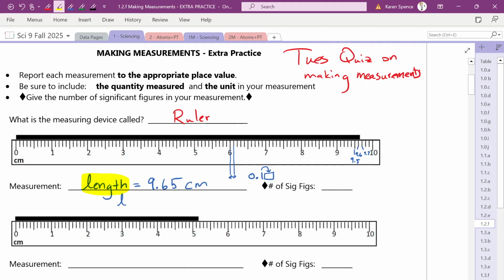So on Tuesday, what are you not going to forget? What you're measuring. Okay? And how are you going to know how many decimal places to go to? Tell your partner.